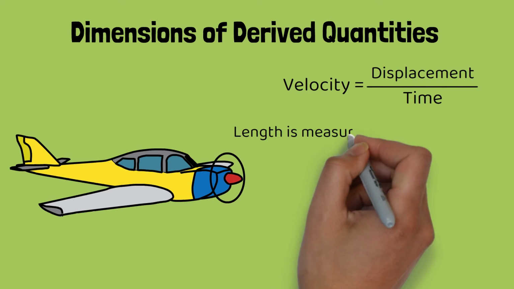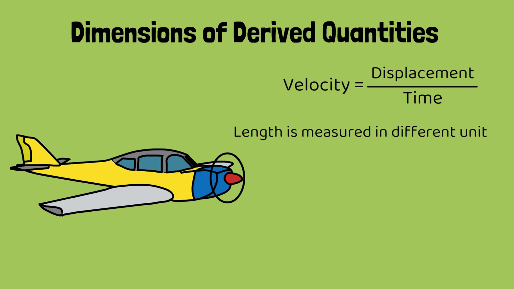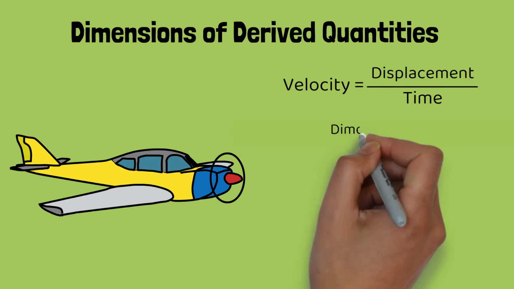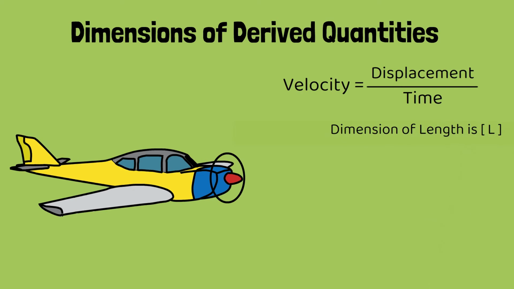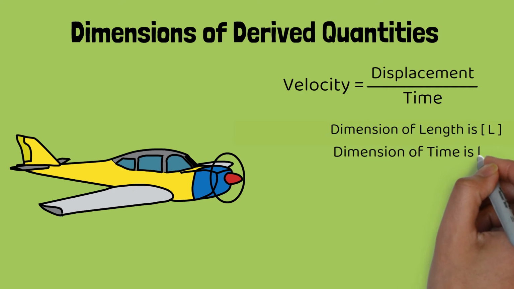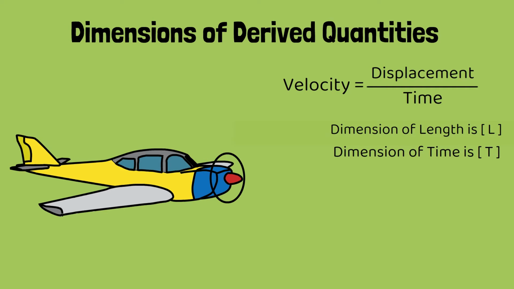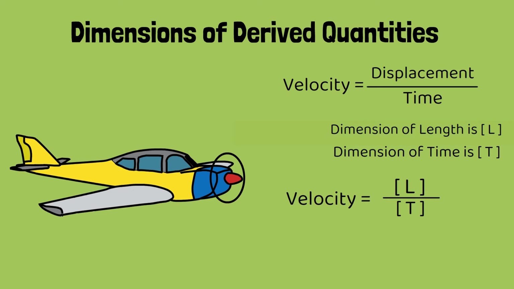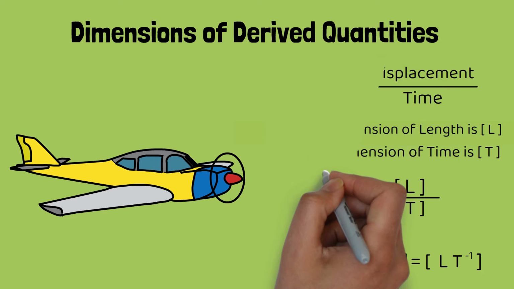As already discussed, the displacement can be measured in feet, meter, centimeter or other units, but its nature is a kind of length, so its dimension is L. Similarly, the dimension of time is T. Now let's put dimension L and T for displacement and time respectively. So we get dimensions of velocity as L over T, or we can also write LT^-1.